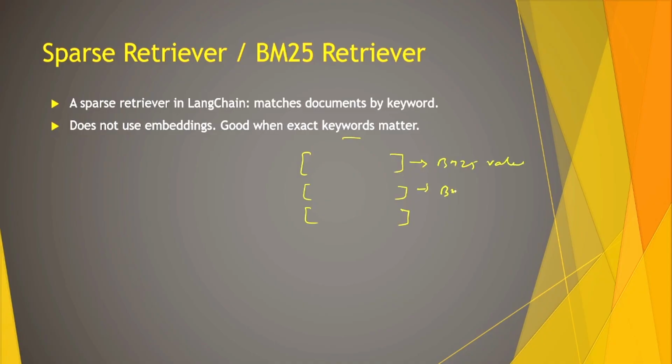This is sorted in descending order, and after that they give the top K documents. And they perform an exact keyword match. If we ask for dog, then they will try to find the documents that exactly match dog. This is how the BM25 retriever works.